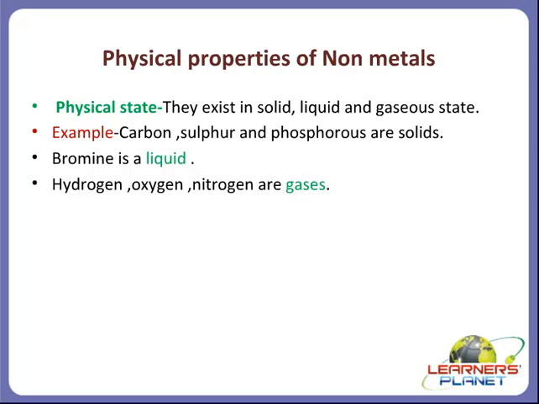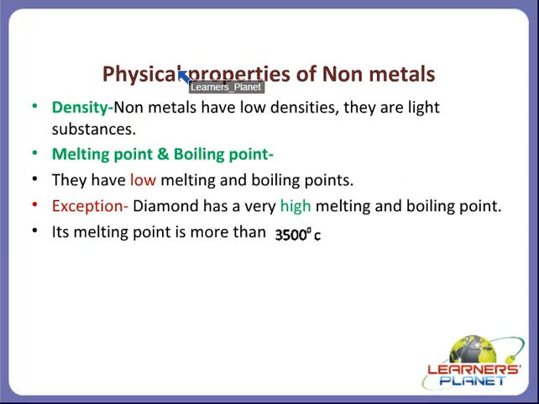Now do you know how sulfur exists? Sulfur exists as S8 molecule. Phosphorus exists as P4 molecule. Oxygen, on the other hand, is a gas. So sulfur and phosphorus exist as S8 or P4 molecules, and they are solids. Let's take up the next property, density.